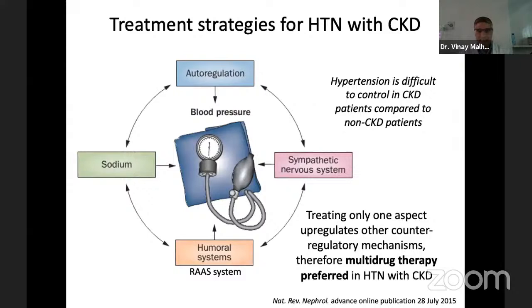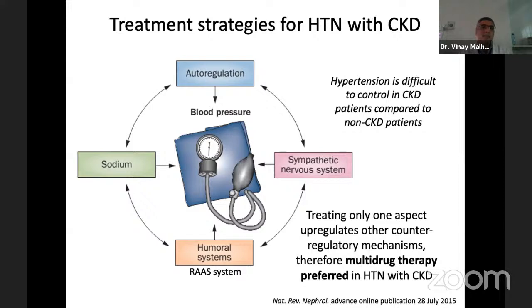So this is, in a nutshell, the cause of hypertension in chronic kidney disease. You have sympathetic nervous system activation, you have RAS system activation, you have salt and sodium retention, and dysregulation of blood pressure or autoregulation. So hypertension is difficult to control in CKD patients compared to non-CKD patients.